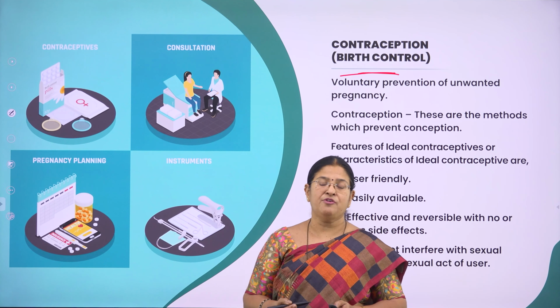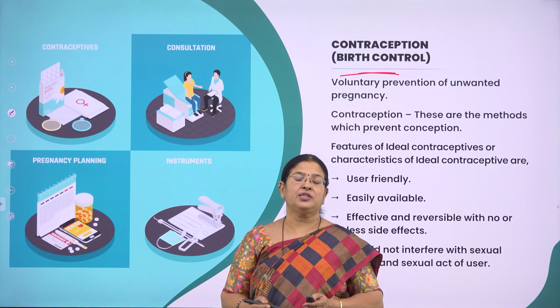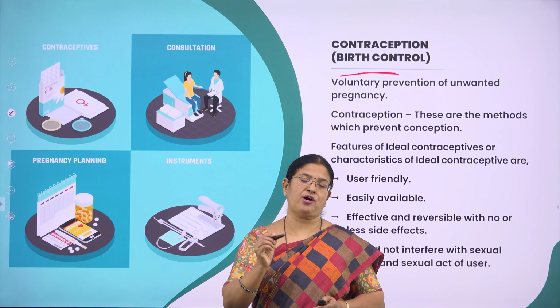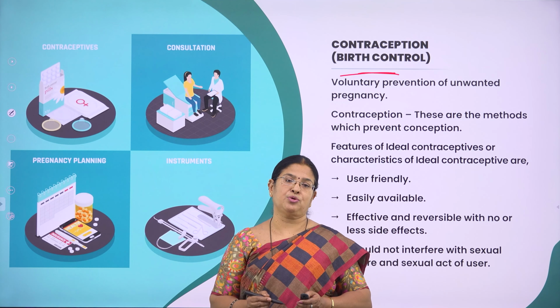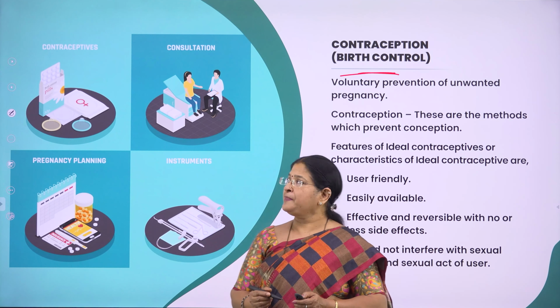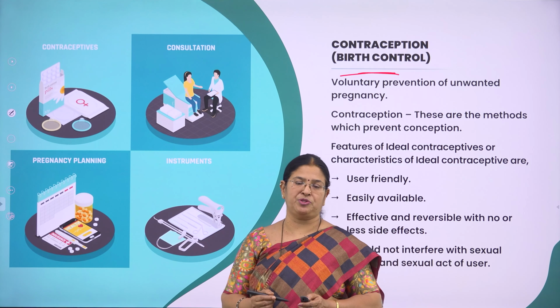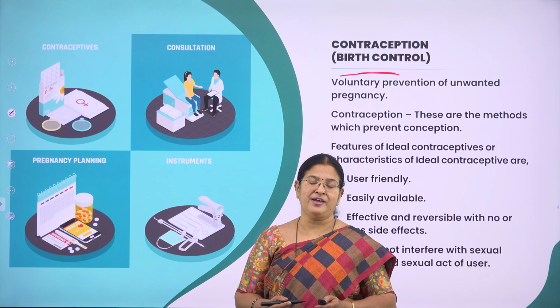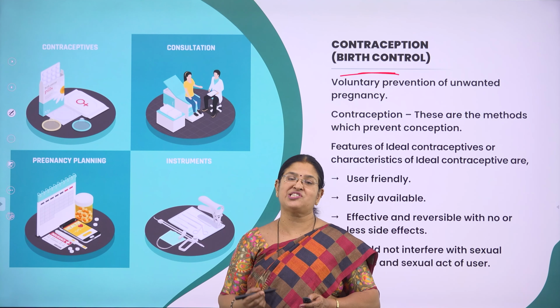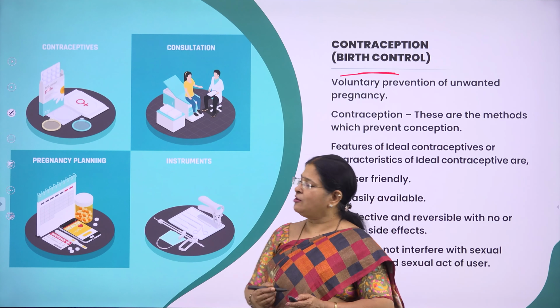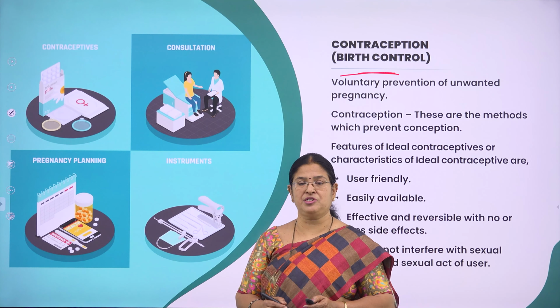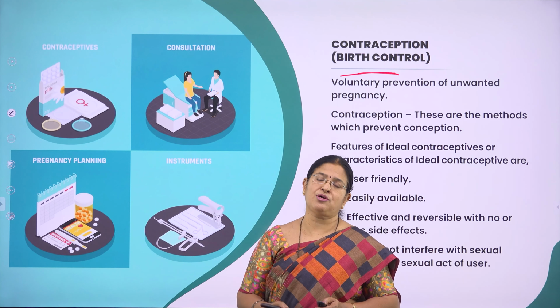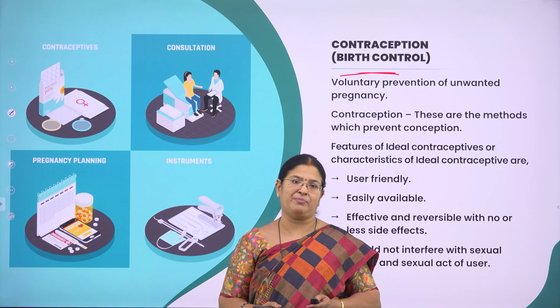By using contraceptive methods, a woman can plan her career and also maintain a good standard of life. Now let us see what conception, contraception and contraceptive methods are, one by one.